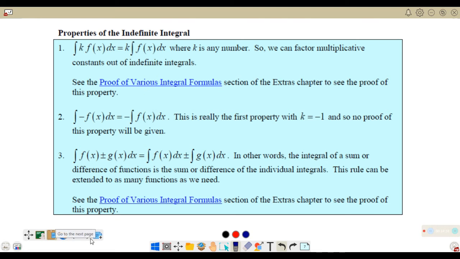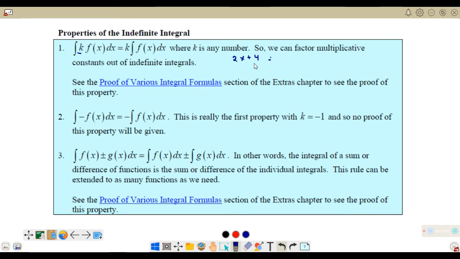Ayan. So, properties of the indefinite integral. Meron tayo ditong constant k multiplied by f of x dx. If you have a constant k at the beginning, you can factor it out. Pwede mo siyang ilabas dun sa integral symbol natin. Di ba kapag meron tayo, say for example, 2x plus 4.